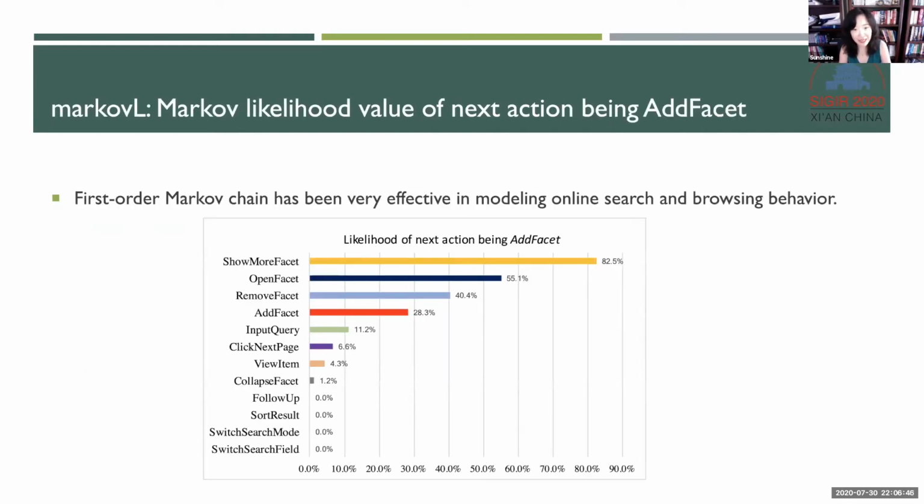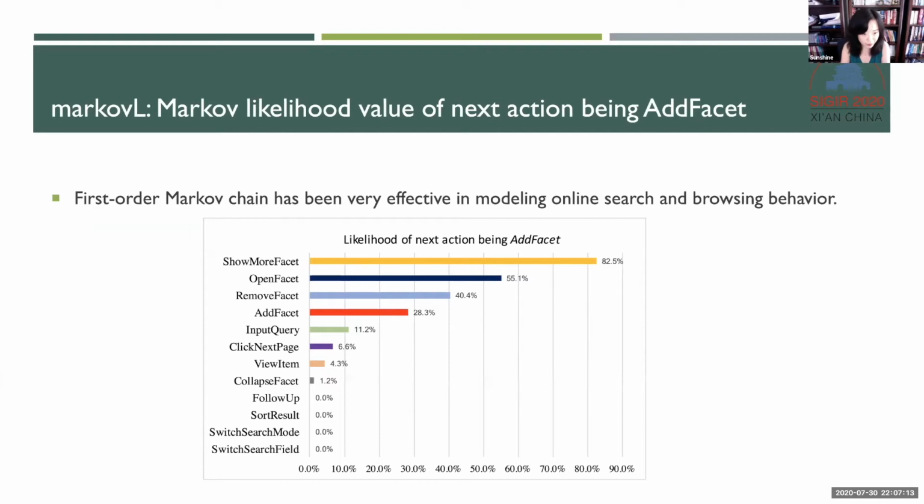And then the second variable is this Markov likelihood. We want to check the Markov likelihood value of the next action being add facet. We focus on the first order Markov chain, because the literature suggests that the first order Markov chain, which contains a 2-action sequence, has been very effective in modeling online search and browsing behavior.